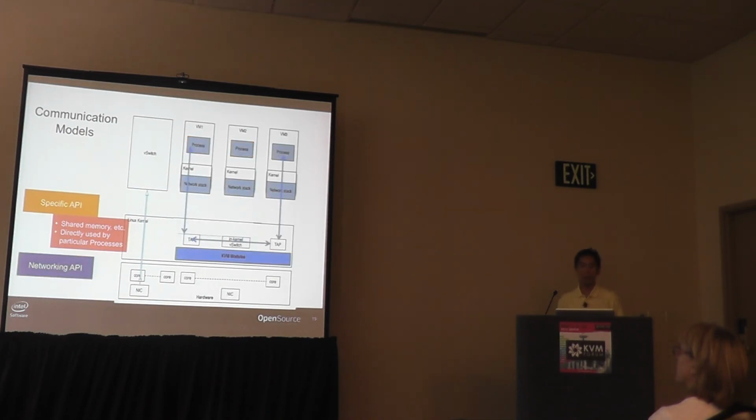There is another way which provides network semantics. If we use the OS, which provides the network semantics, then you use a networking API. In this case, I'm not recommending this one. This is the slowest path. The reason is that the packets go through the hypervisor and the vSwitch in the kernel, causing lots of transitions and sometimes copying, right?